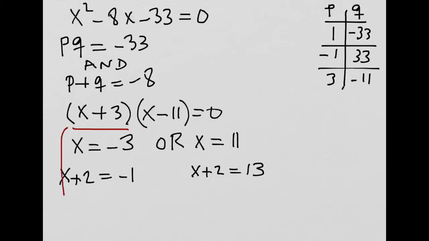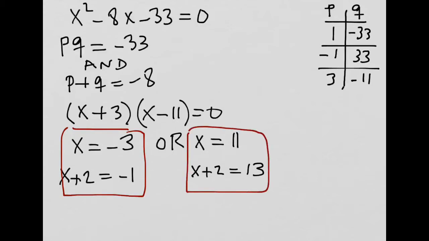The first solution is minus 3 and minus 1. These are two consecutive odd integers that satisfy the conditions of the problem. And the second solution is 11 and 13. These are consecutive odd integers that again satisfy the conditions of the problem.